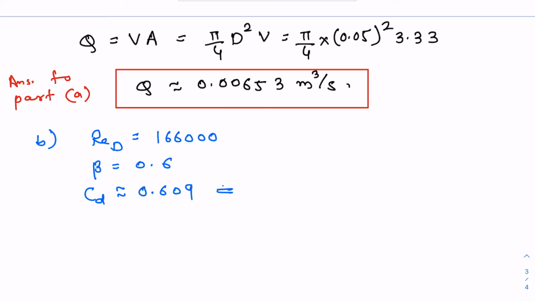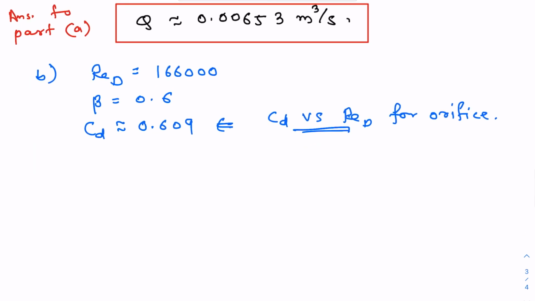This value comes from the chart for CD versus Re_D for orifice, which is given in your lecture notes, and even in exams or homework solutions you will be given this information. So now we will just use the formula for an orifice meter.